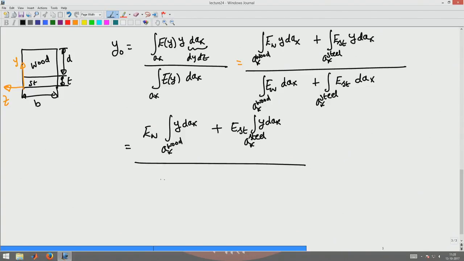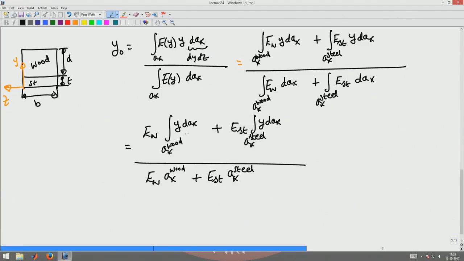If I do the same thing at the bottom, I will get E wood into the integral of dAx over Ax of wood, which would be the area of the wood, plus E steel into the area of steel.